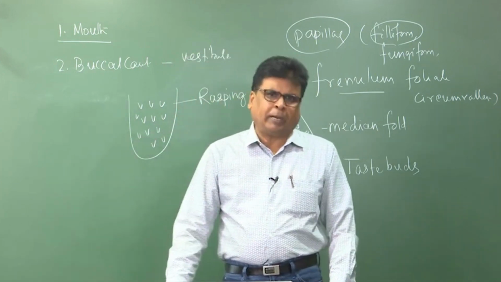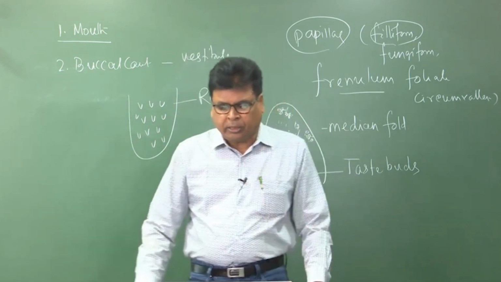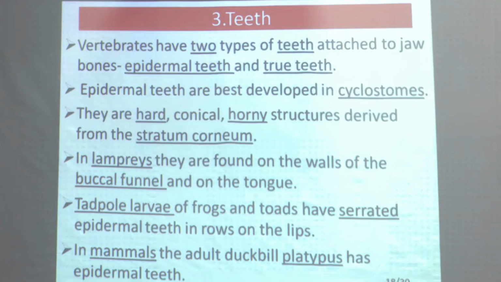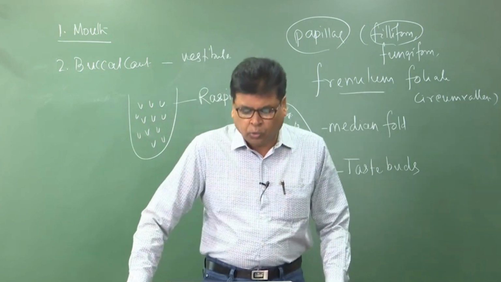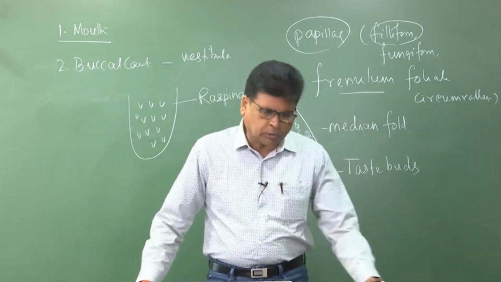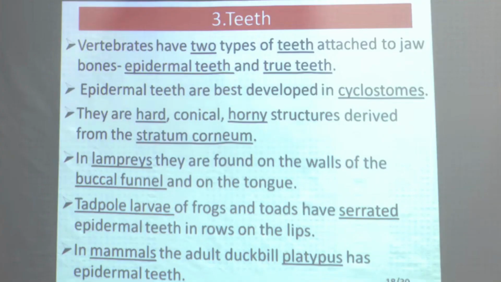So in case of vertebrates, 2 types of teeth are present. Vertebrates have 2 types of teeth attached to their jaw bones, because we know we have the jaw.